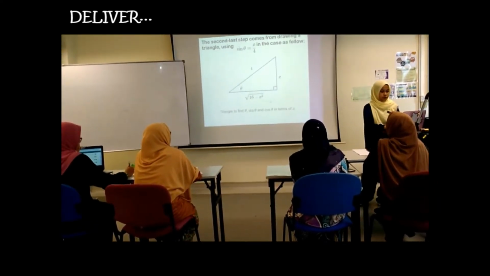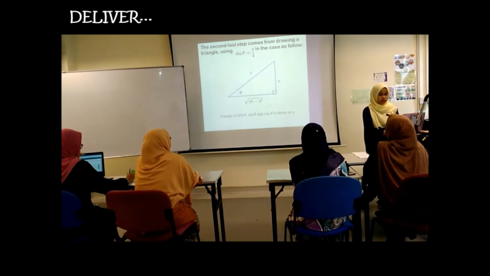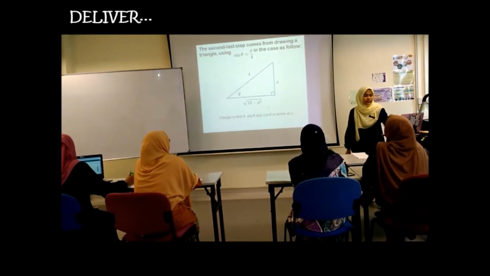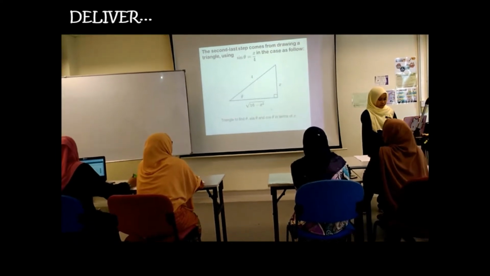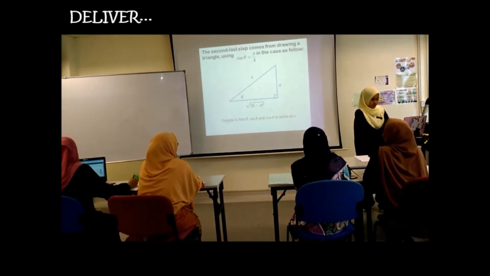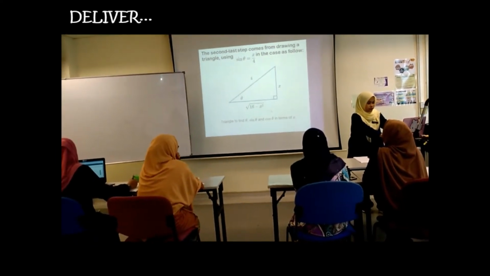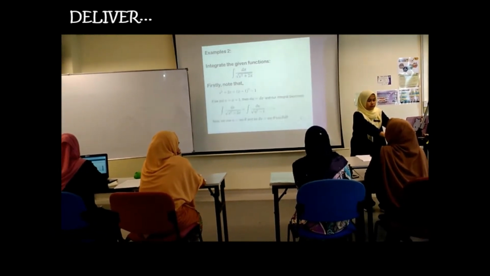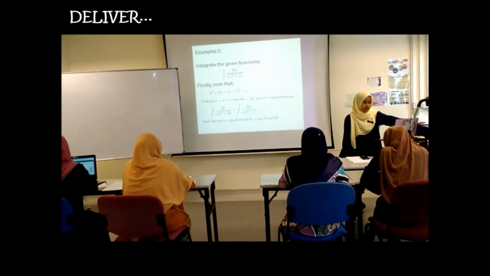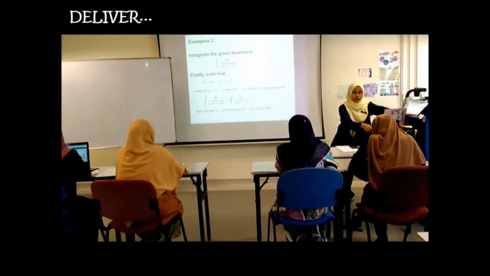The second last step comes from drawing a triangle. So we use sin theta equal to x over 4. In this case, we can get the triangle to find theta, sin theta, and cos theta in terms of x. Do you understand, class? Yes.